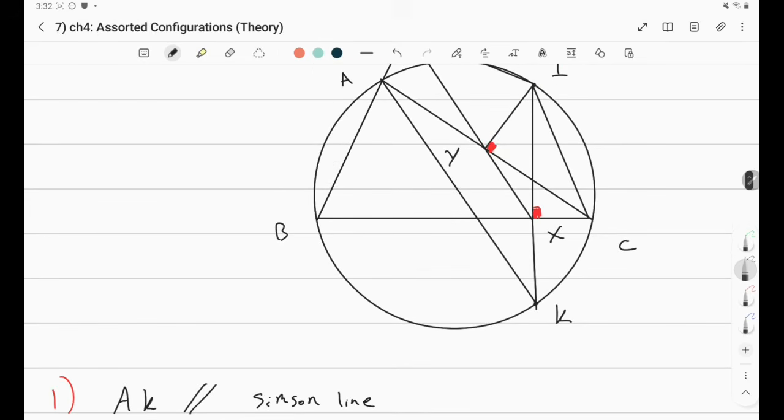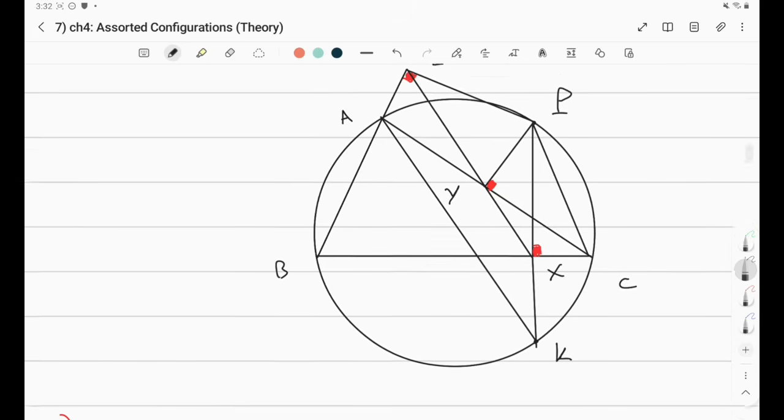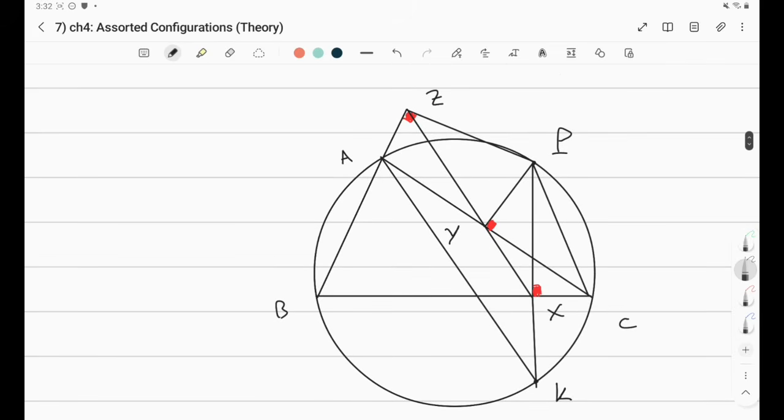Now actually, what we want to do is take the orthocenter of the triangle. So I think we can just draw an altitude here. Yeah, and probably the orthocenter is going to be somewhere. Okay, somewhere. Just draw this one here.